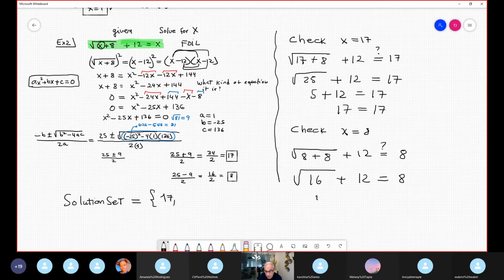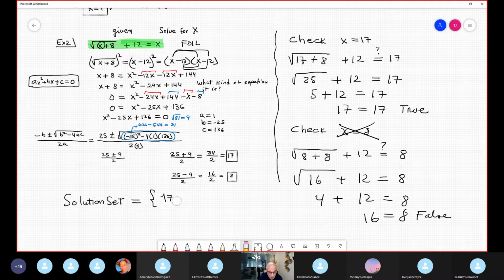Square root of 16 is 4. And 4 plus 12 is not 8, it's 16. 16 equal 8 is a completely false statement. This was a completely true statement. Therefore, the solution 8 doesn't work. Now, we have only one solution, which is 17, in our radical equation.